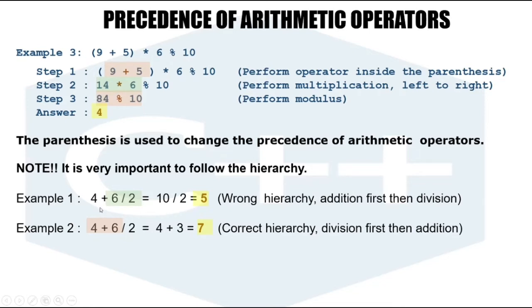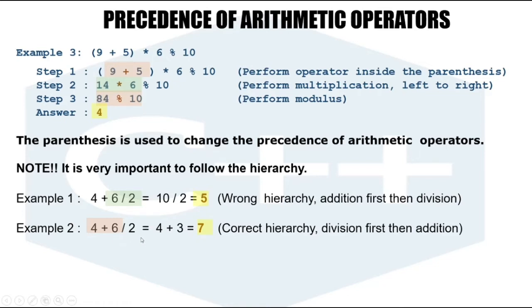In example number 1, it follows wrong hierarchy. Nag-add muna siya, no, before performing division. So, nangyari, 4 plus 6 is equal to 10 divided by 2 is equal to 5. So, ang result niya is 5, which is wrong. Sa example number 2 naman, it follows correct hierarchy. Division first, then addition.